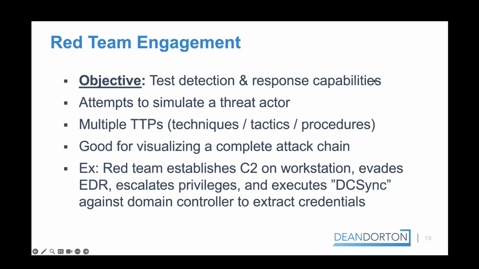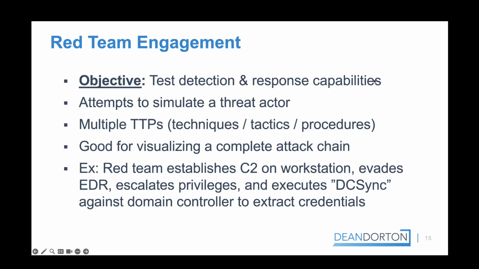Say, in something called an assumed breach or assumed compromise engagement, we pretend we give the red team, the attackers, access to a workstation. And then they're charged with trying to get access to this particular set of data on the network. So they go through multiple steps. Maybe they establish a command and control persistence mechanism on the workstation that they have access to, so they can maintain that access and execute their tools efficiently.